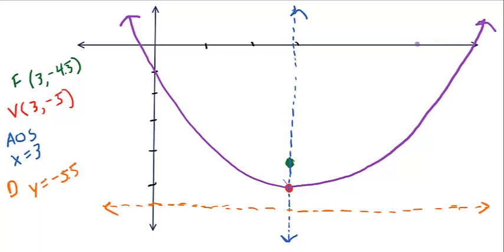Again, this is just a rough sketch, but generally, if I wanted to see how accurate this is, I would take my distance from my directrix down here and draw a line going straight up to my parabola. Okay, put a point there.